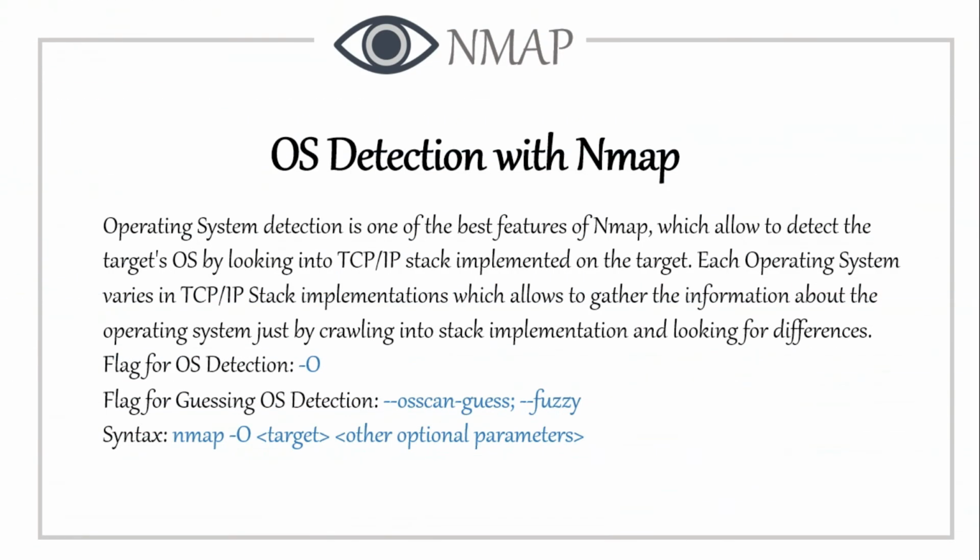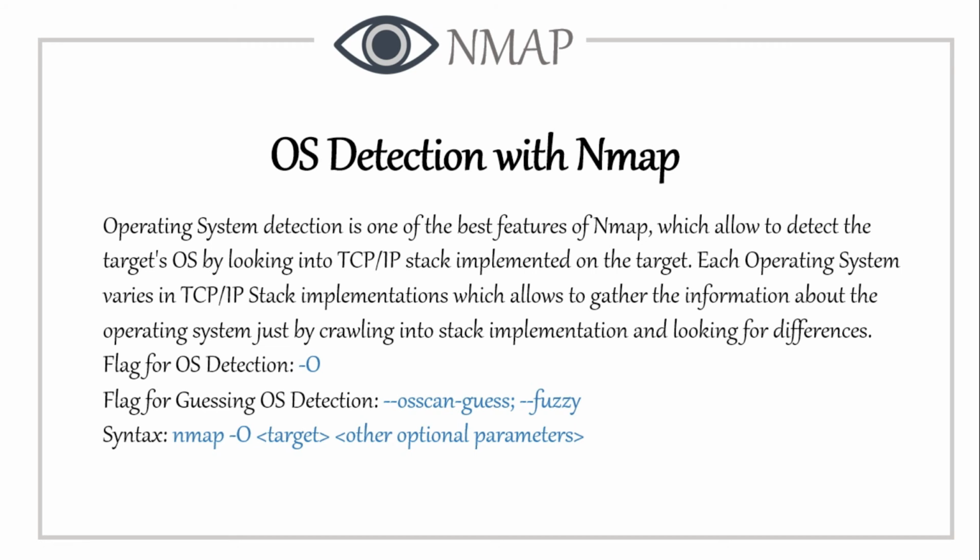OS detection with Nmap. Operating system detection is one of the best features of Nmap, which allows detecting the target's OS by looking into the TCP/IP stack implemented on the target. Each operating system varies in TCP/IP stack implementation, which allows gathering information about the operating system just by crawling into the stack implementation and looking for differences.